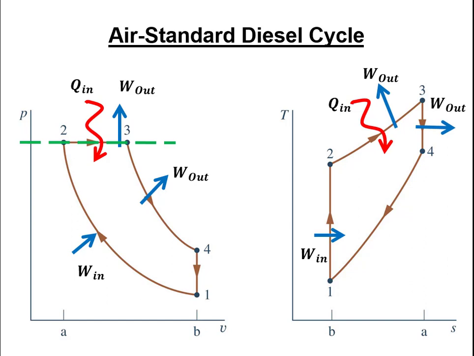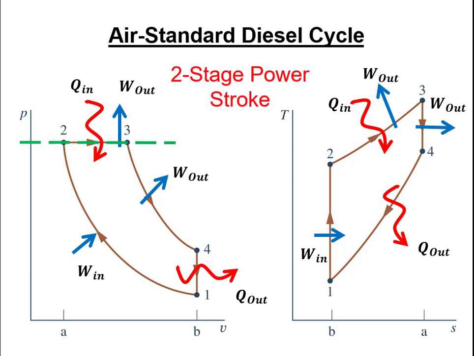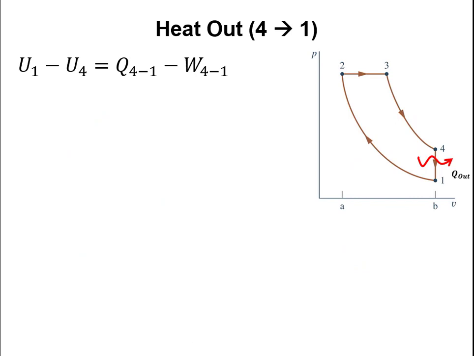Now, if you look from state 2 to state 4, there are two processes here where we're generating work. So sometimes diesel cycles are described as having a two-stage power stroke. Then when we go from state 4 to state 1, we're again exhausting heat to the environment.